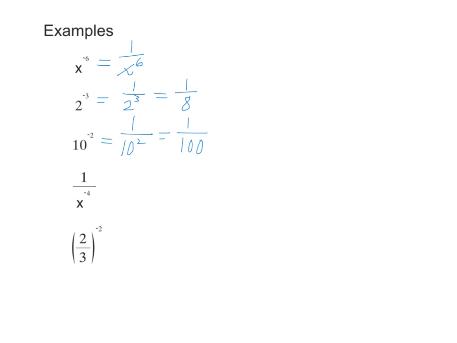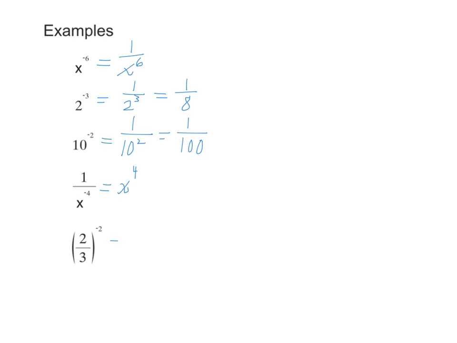The next one's kind of unique. We have a negative exponent, but it's in the denominator already. Well, the property says we're just going to flip it the other way and use the reciprocal. So x to the 4th will come to the numerator instead, and we'll have positive 4 as the exponent. Another unique circumstance is this last one where you have a fraction raised to a negative exponent.